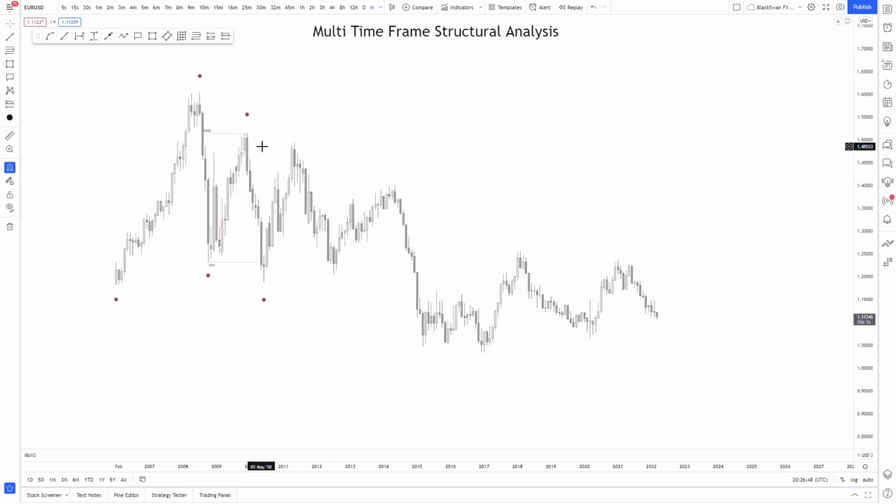Cool, so this high here goes to break this low. Creating another high here. Then this high takes this low here, giving us our new low in the market here.